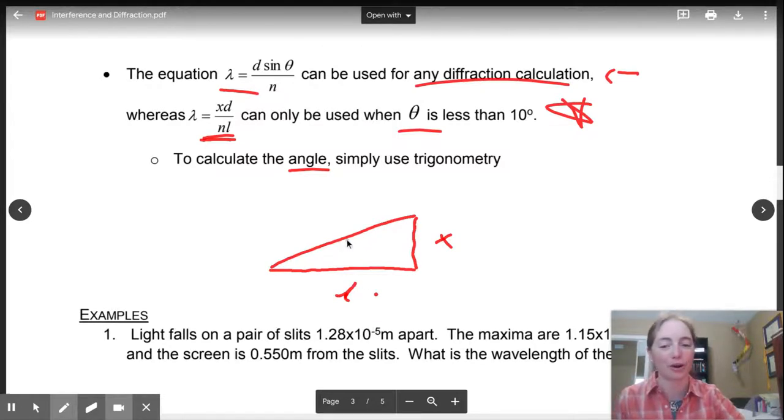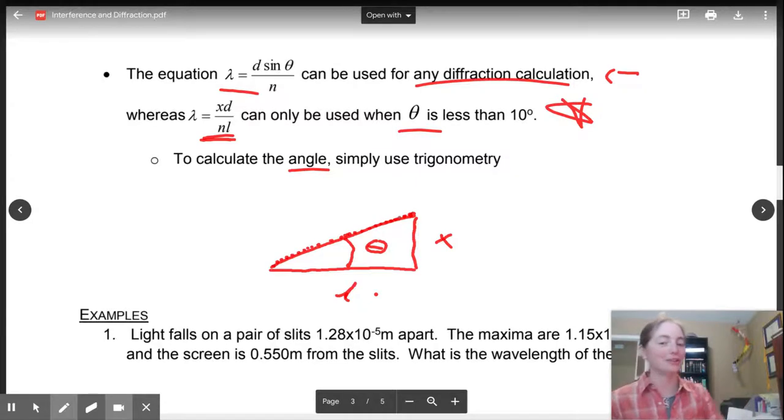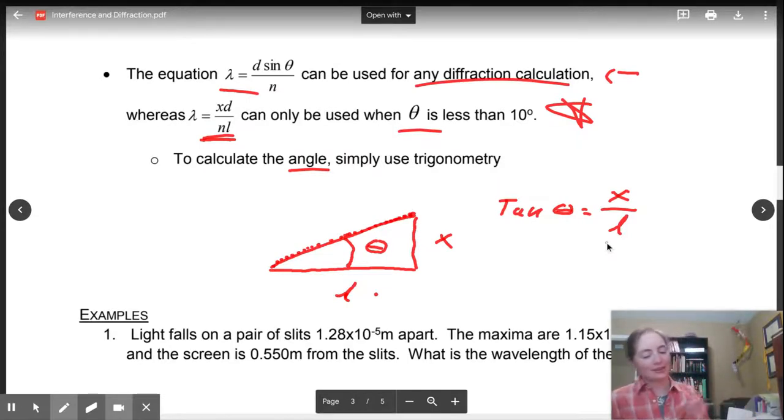Notice this dotted line I am currently dotting: that is exactly where the light is going to be traveling. That's the line of constructive interference. So in order to get theta, you're going to use tan. Tan of theta, opposite over adjacent, is x over your length. That is how you're going to get your theta. Sounds good? Cool.